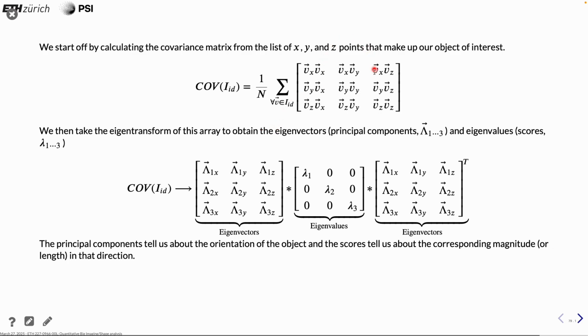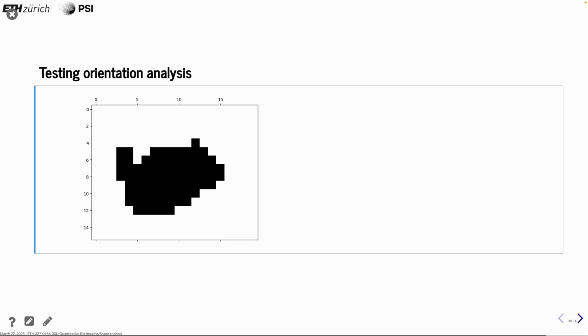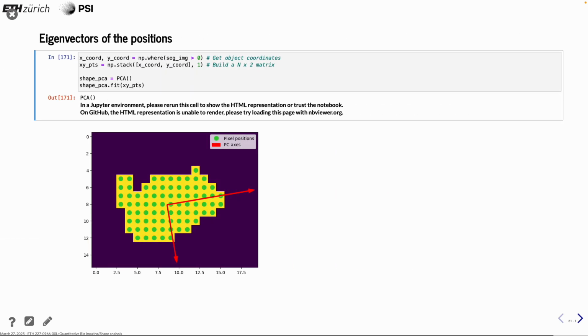We have the covariance matrix of different positions. We do the eigenvalue decomposition, and then we look at this blob, which you can see is slightly rotated just by eye. But now we're going to measure it.